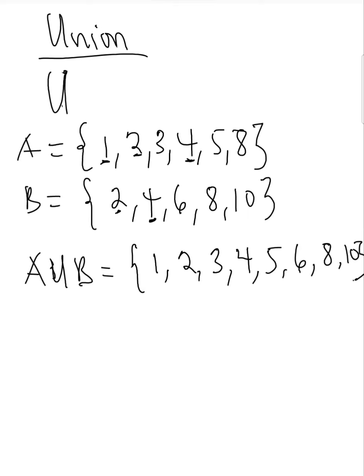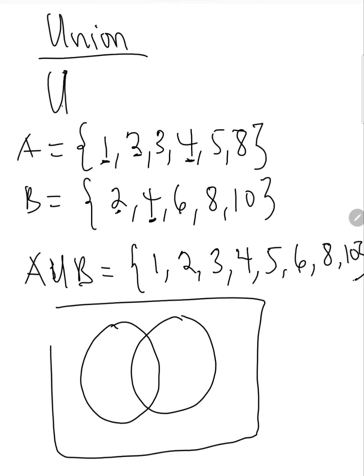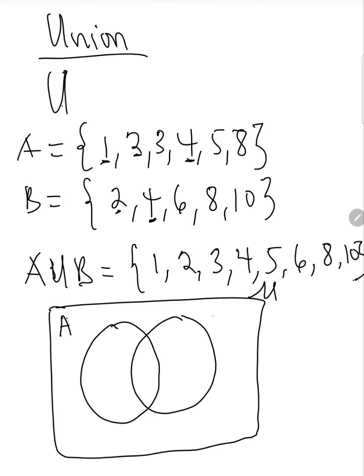So that's it. Now let's look at when we have it in a diagram form. So let's say we have this two set problem. So we have our Venn diagram involving two sets. So we have the set A and we have what?